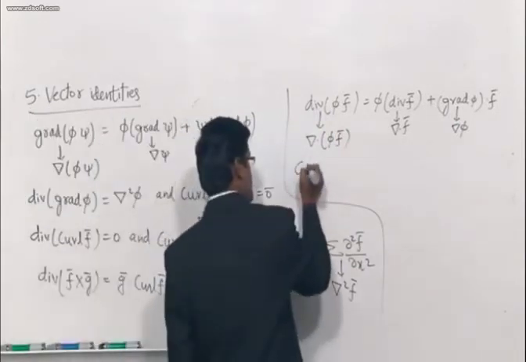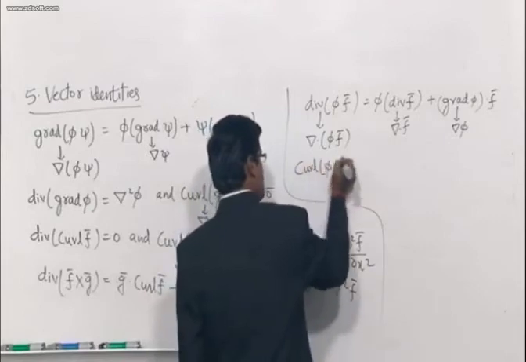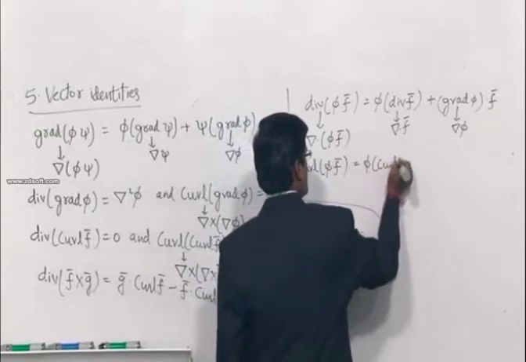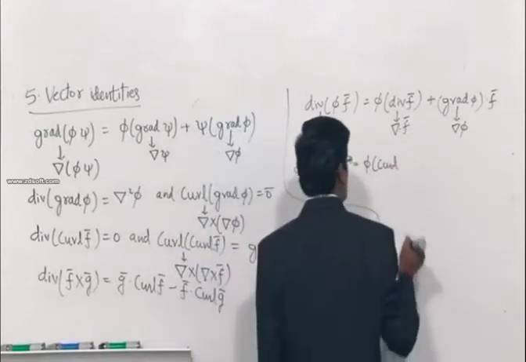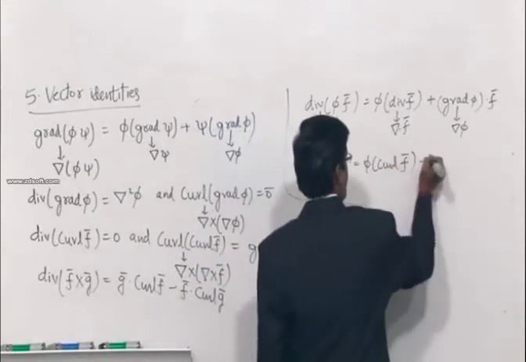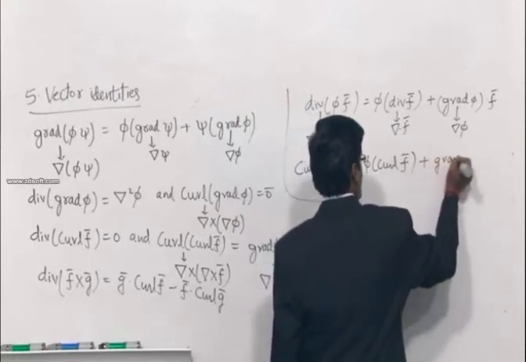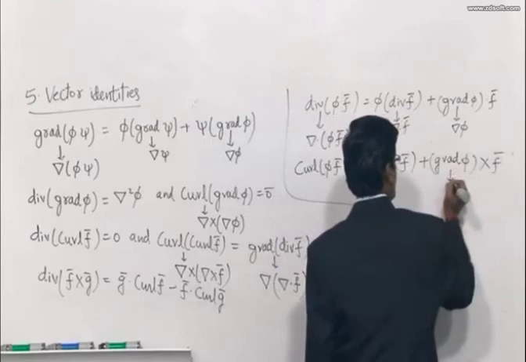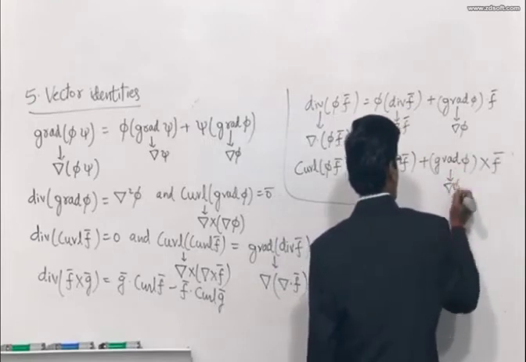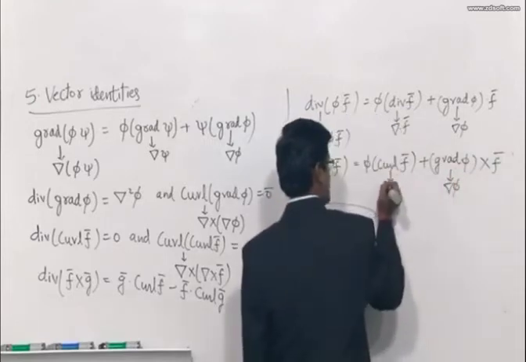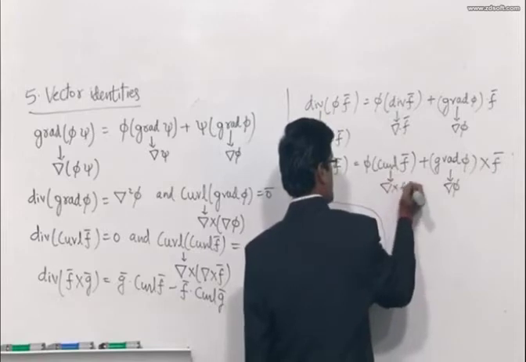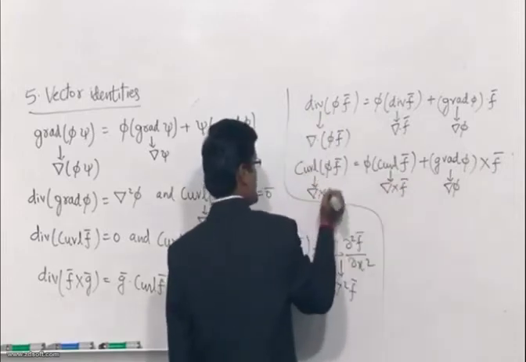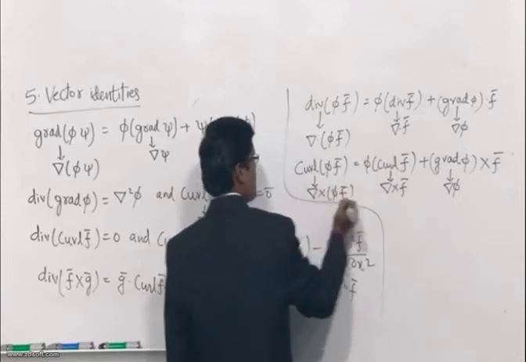And using curl, curl phi f bar is equal to phi times curl f bar, just divergence is replaced by curl and dot is replaced by cross, plus grad phi cross f bar. So this is operator form del phi, and this is curl f bar means del cross f bar, and this is curl phi f bar in operator form del cross phi f bar.